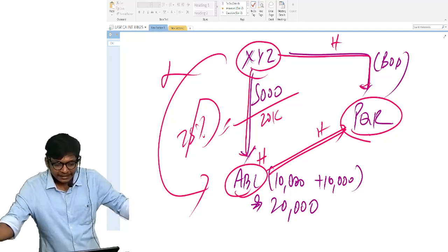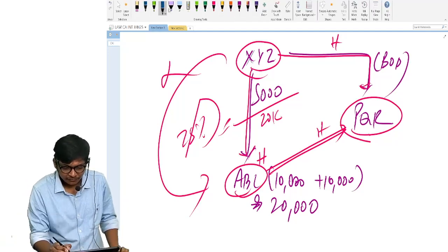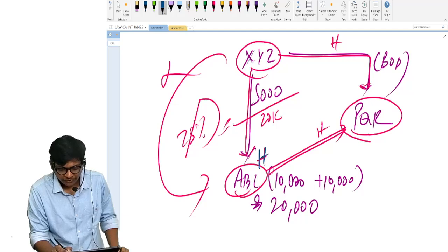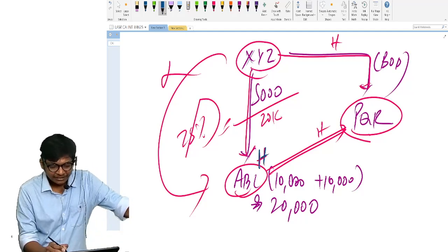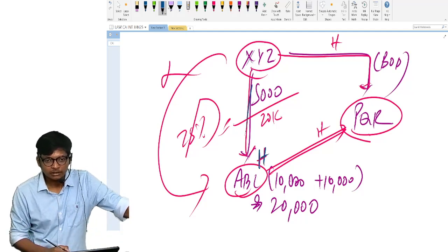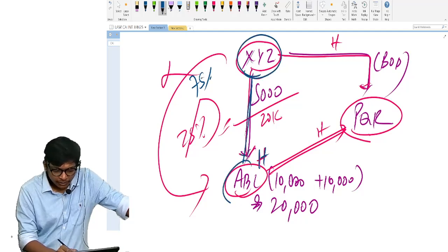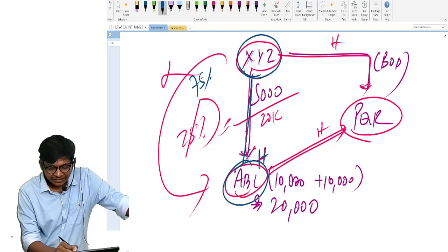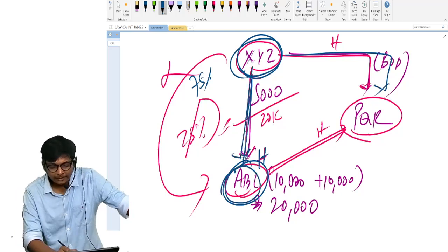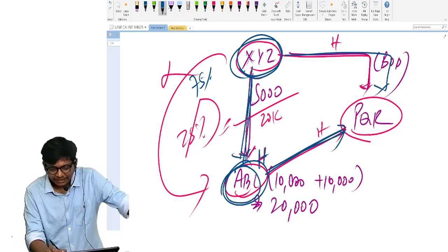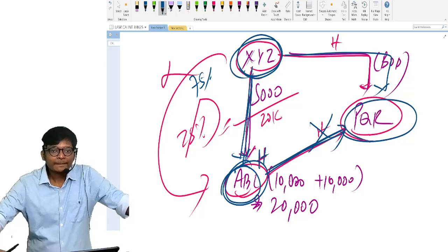No. Even if XYZ is holding of ABC, for example, imagine they have 15,000 shares. Imagine they have 75%. Imagine XYZ is holding of ABC. Still, XYZ is holding of PQR. XYZ is holding of ABC. ABC cannot be holding of PQR.